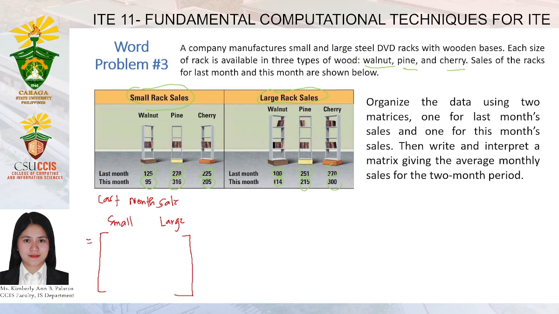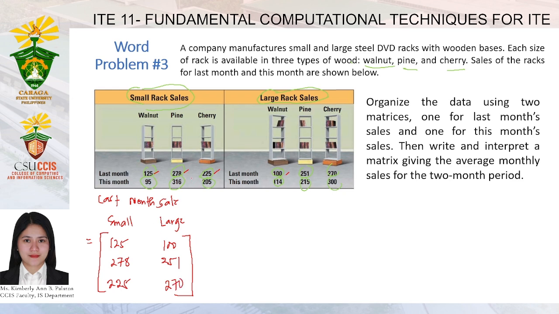So, we have here 125, 278, and 225. Next, we have 100 for the large sale. Again, this is for the last month, 251 and 270.